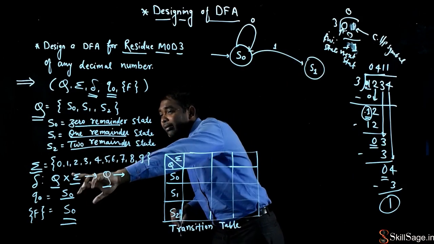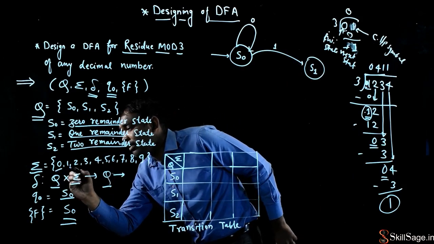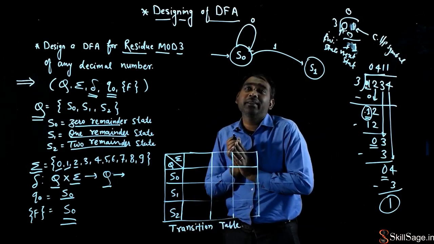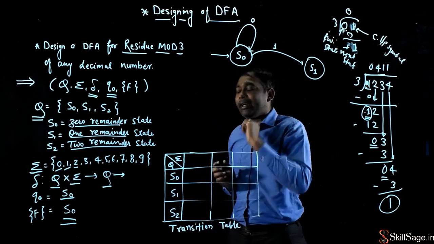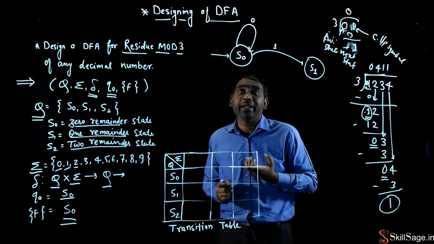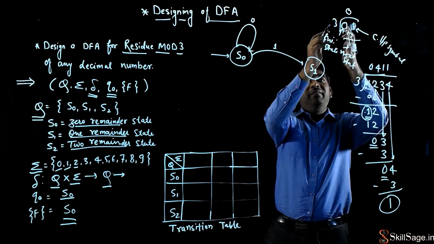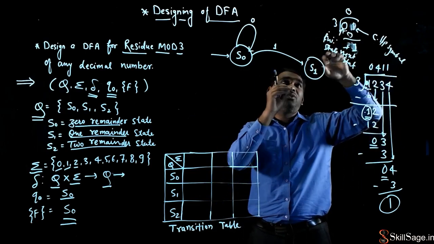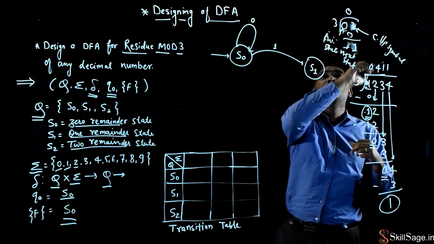What about the next input symbol? 2. This is done for 0 and 1, and now I am going for 2. Suppose your machine is at the 0 remainder state, that is S0, and it is going to read the 2 input symbol. I have a 0 remainder state, and the next input symbol is 2.